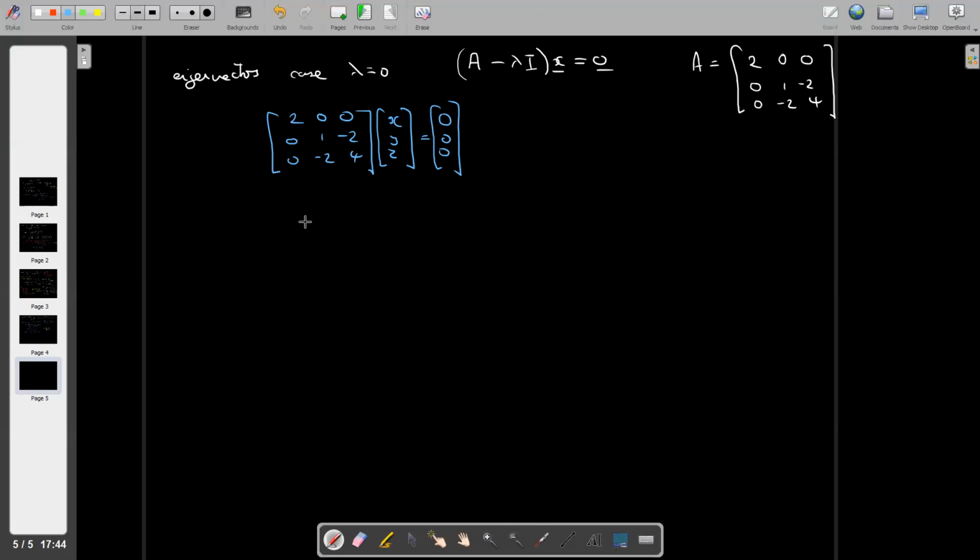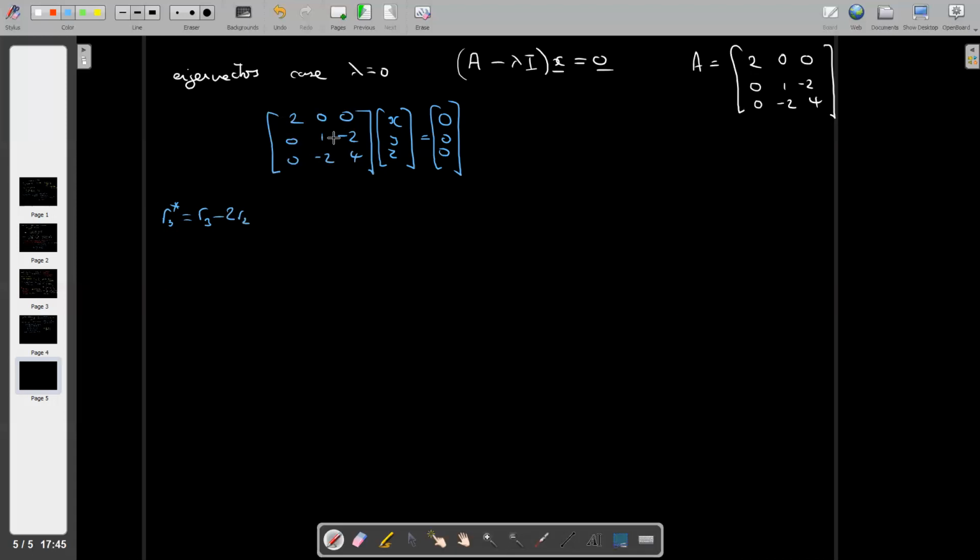Okay, so we can simplify this. There's a few ways of proceeding here, but the way I like to do is just to reduce this matrix down a bit and then read off when I feel like it. So the new row 3, row 3 star, is going to be equal to row 3 take away 2 times row 2.